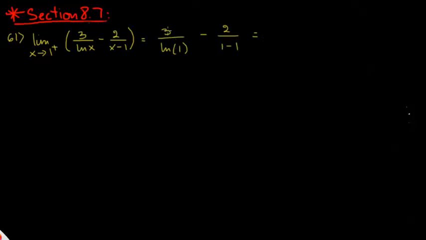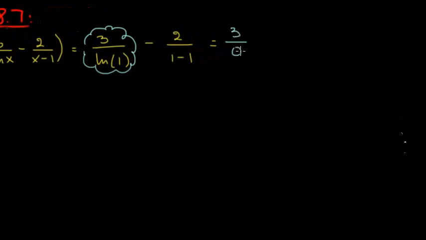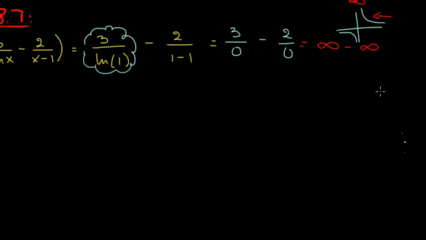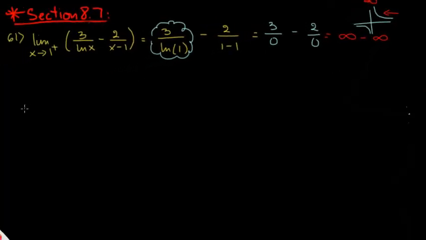So with this one, we will have 3 over 0 minus 2 over 0. Since both of them are over 0 and we approach from the right, you will have infinity minus infinity. That is one of the forms where we apply L'Hopital's rule. So I'm going to apply L'Hopital's rule.